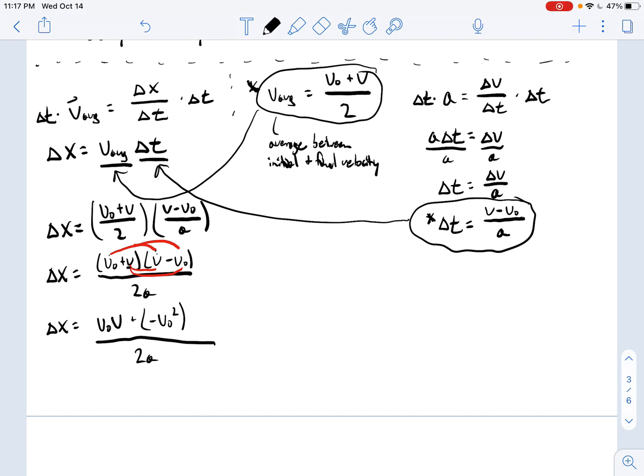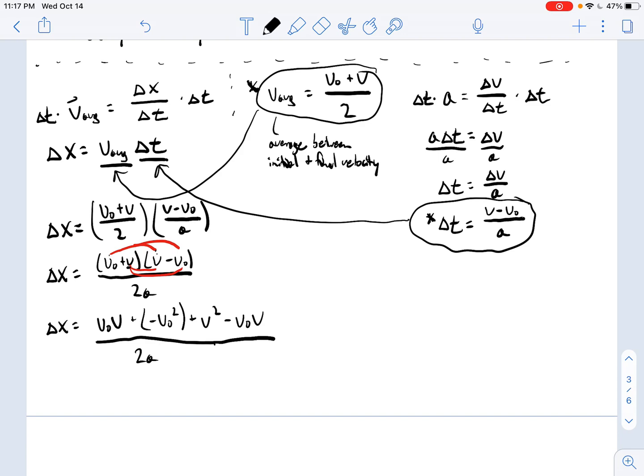Next up, our first v is going to multiply by our second v to give us plus v squared. And then lastly, we have our second v multiplied by our second negative v initial, which gives us a negative v initial times v.